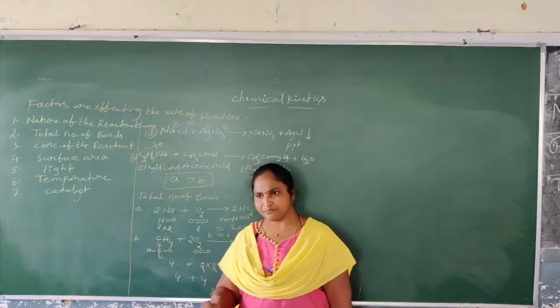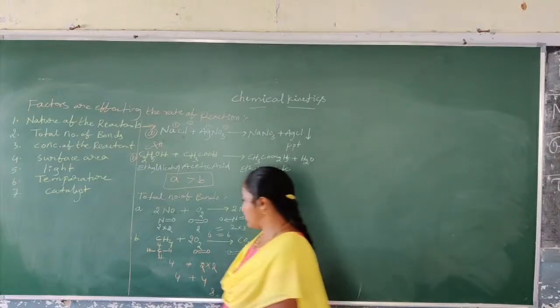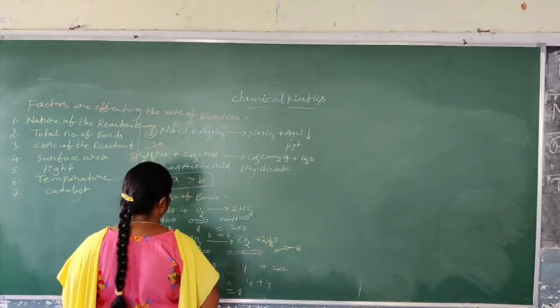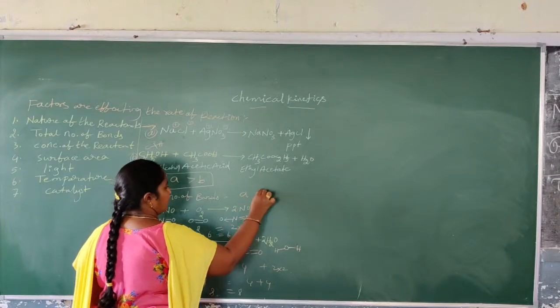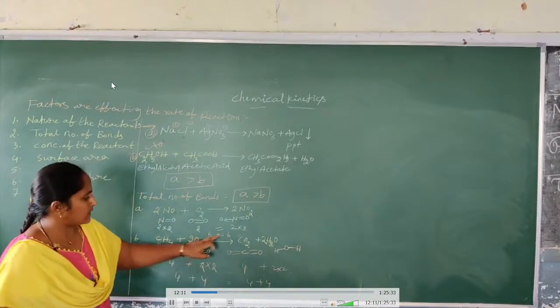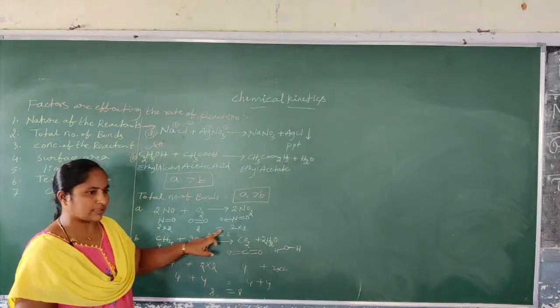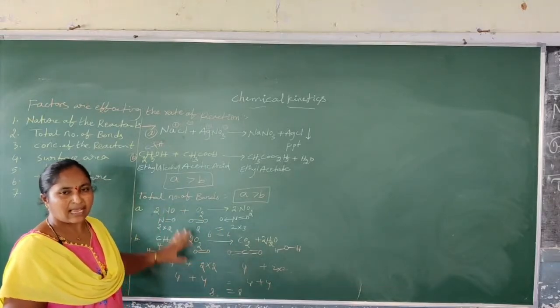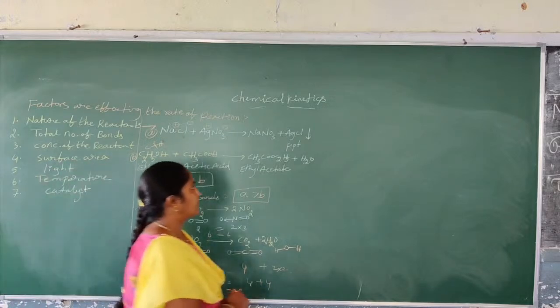Is it clear? Which reaction is faster? A reaction is faster than the B reaction. Reason: fewer bonds are rearranged in the A reaction compared with the B reaction.